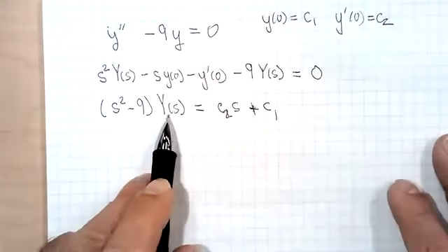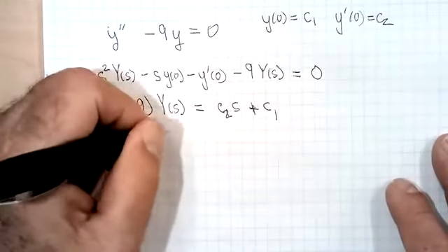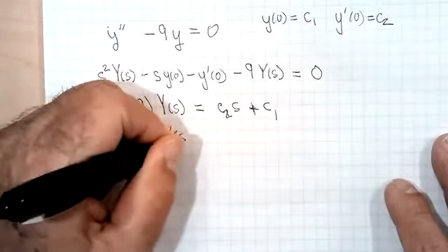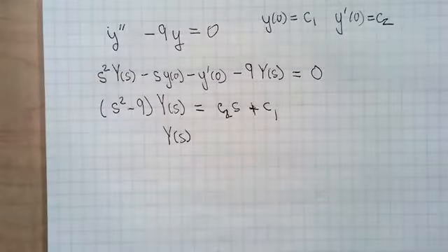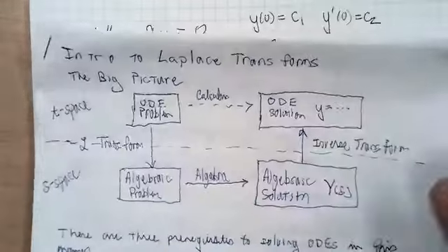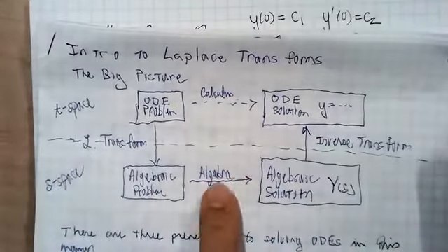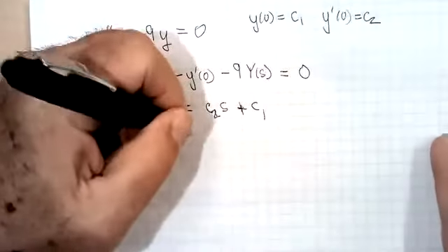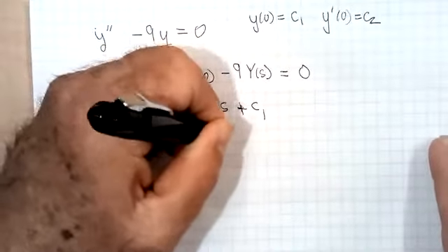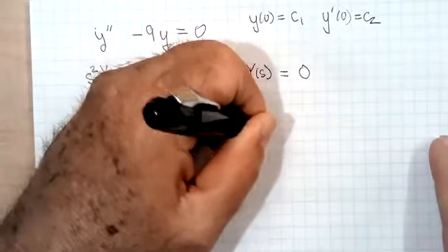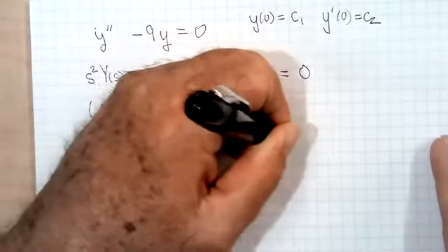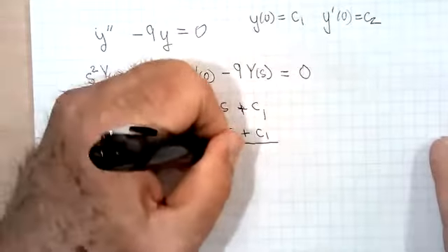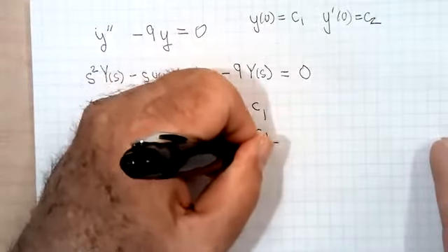And I solve for cap Y algebraically. That's what this means right here: to go from here to here by algebra, we're solving for cap Y. So solving for cap Y, I get C2 s plus C1 over s squared minus 3 squared.